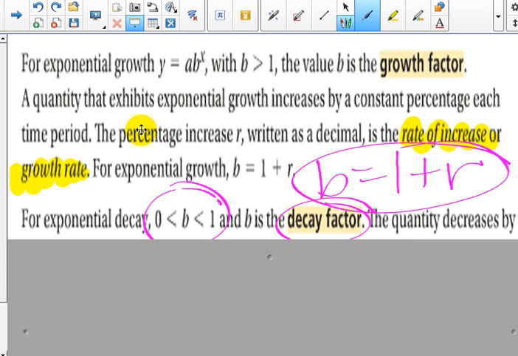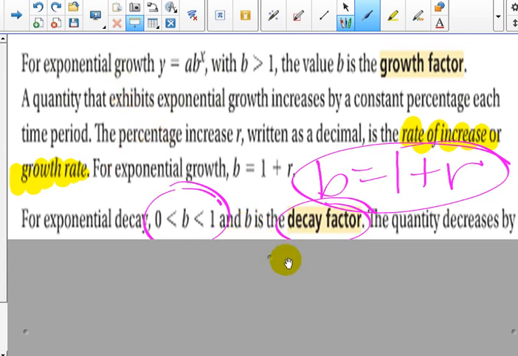That's greater than 1, so you've got growth. Well, what if your growth rate is a negative number? Let's say it's negative 0.05. When you take away 0.05 from 1, you've got something less than 1, which means b less than 1 is going to be a decay factor.